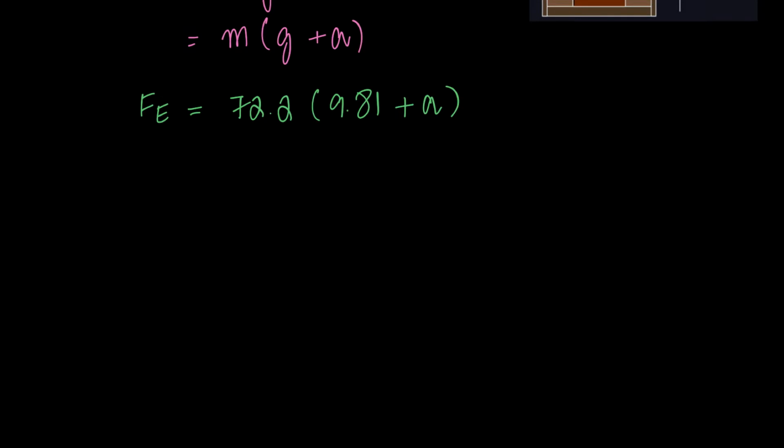And this is our general expression. Let's say the person was going up, accelerating up with an acceleration of 3 meters per second squared. Let's say that was a. So let's put that into the equation over here and see what we get.